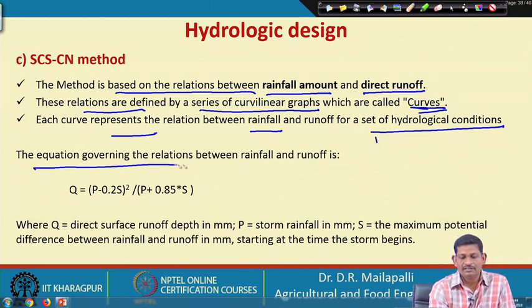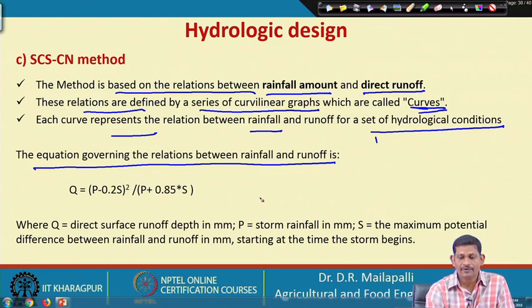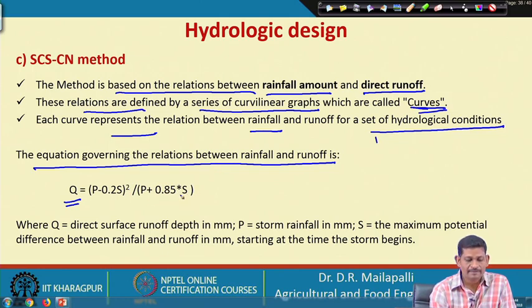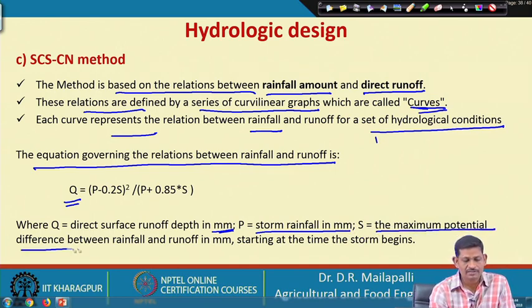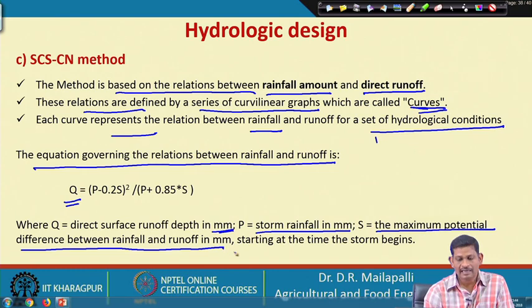The equation governing the relationship between rainfall and runoff is Q equals (P minus 0.2 S) squared divided by (P plus 0.8 S), where Q is the direct surface runoff in depth units, that is mm, P is the storm rainfall in depth units, and S is the maximum potential difference between the rainfall and runoff in mm at the time the storm begins.